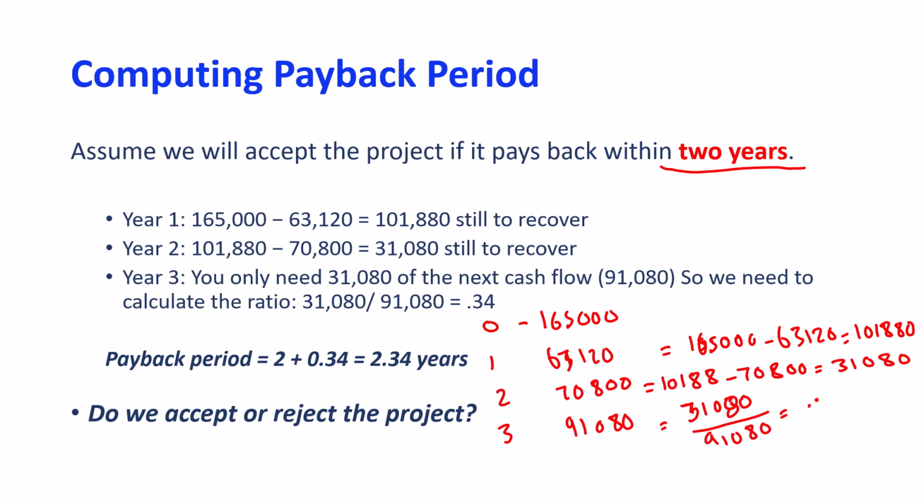That gives you 0.34. So your payback period would be 2 years plus 0.34 years. So you end up with 2.34 years.